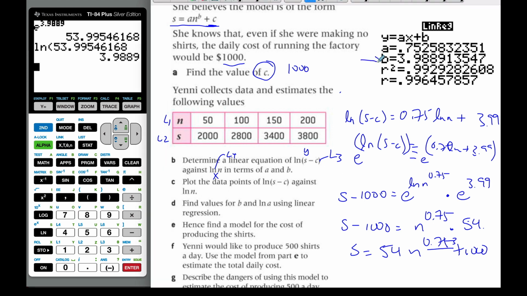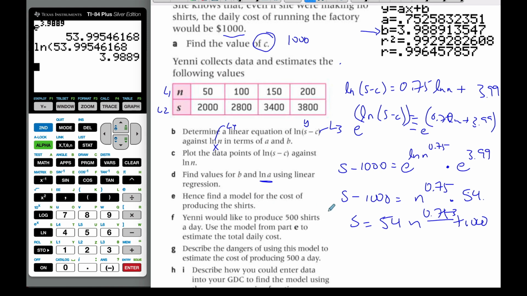This value is the natural logarithm of A that they're asking for. So this value is ln A, and 0.75 is B. Even though they're written differently here, it is all with regards to the values A and B in the model. Hence, find a model for the cost of producing the shirts. I've done that. That's the model.